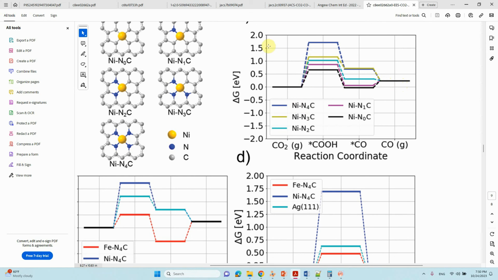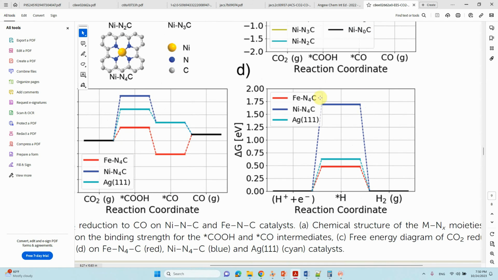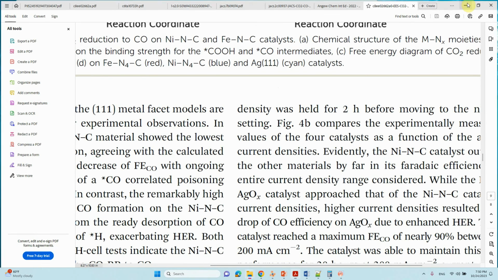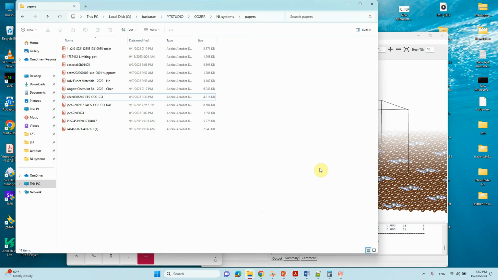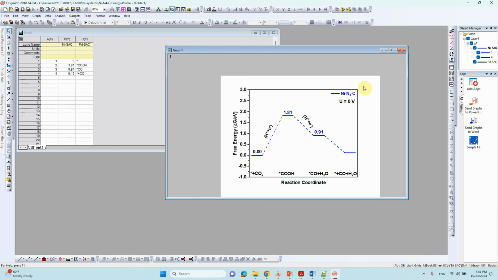They also got 1.67 or so. Similarly, they also calculated the H absorption on nickel N4C. We got around 1.62, and they also got 1.70 or so. So our calculated value and this value are more or less equal. You can see these two papers to get more idea.